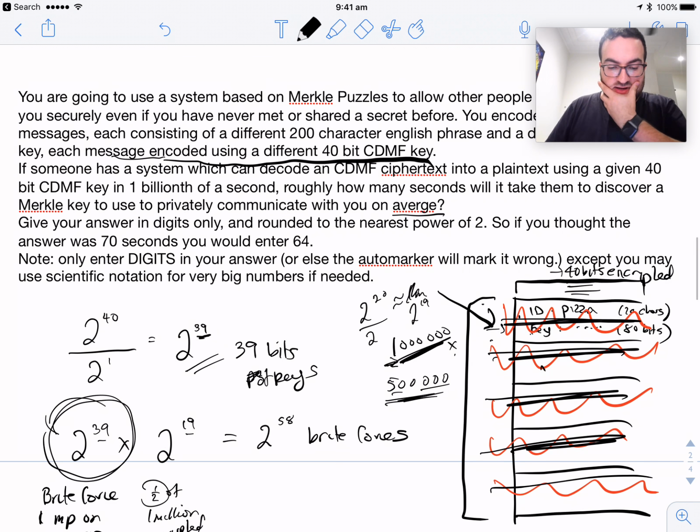Now it says here I have a computer that can decode a ciphertext into plain text, given a key, in 1 billionth of a second.